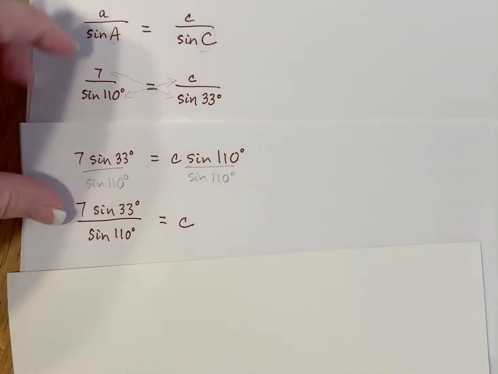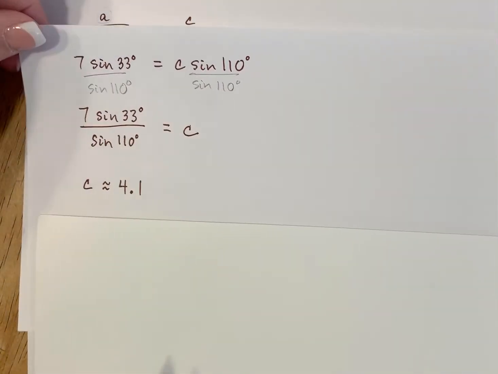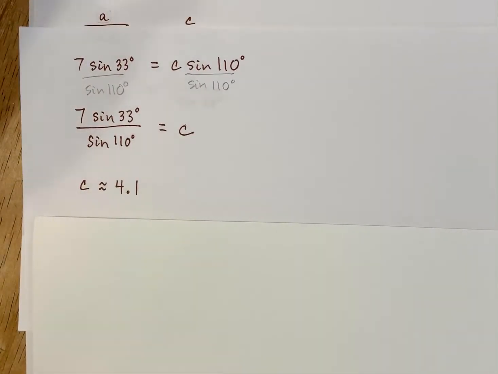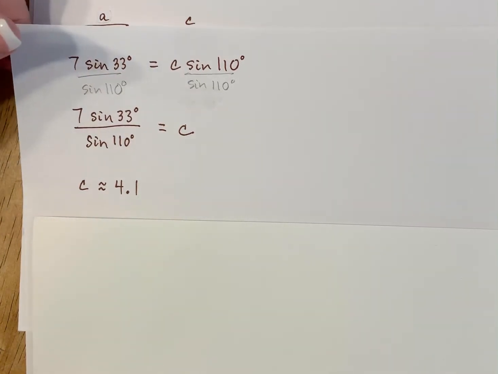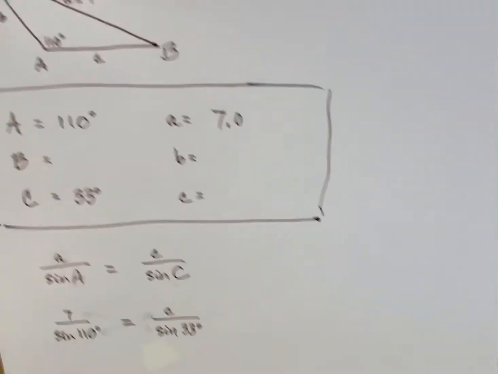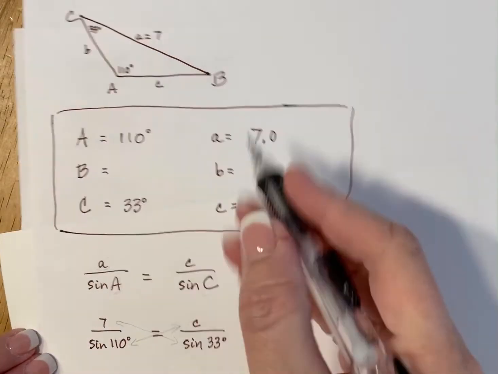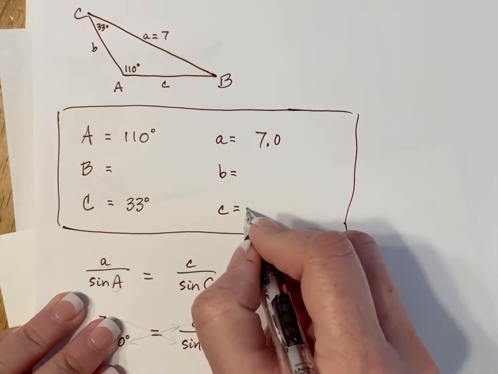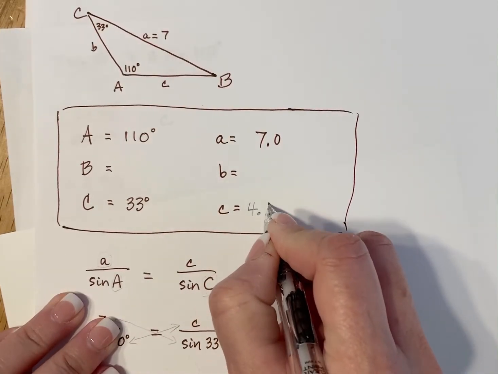I worked this one and did 1 decimal place. Now you do need to remember to make sure your calculator is in the mode for degrees. Okay, so now I have side c. I can go back to what I have here and put in that this was 4.1.